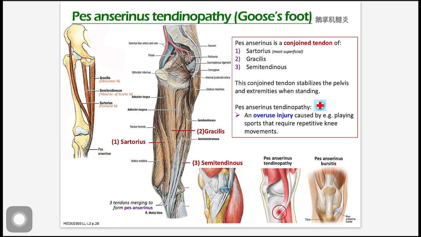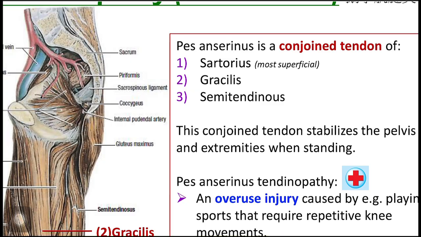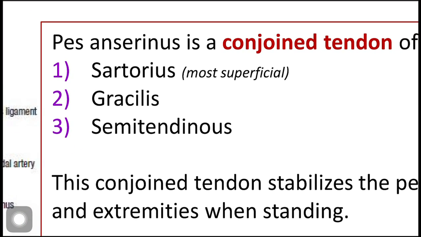Now we come to what I consider a very interesting anatomical structure, called the pes anserinus. The pes anserinus: 3 long tendons merged together. Each of these tendons is from a different compartment. Let's do a recap.